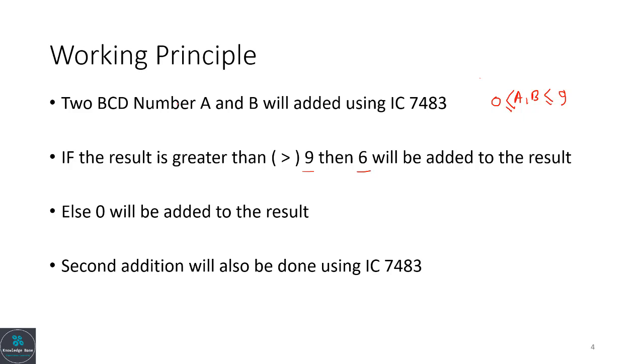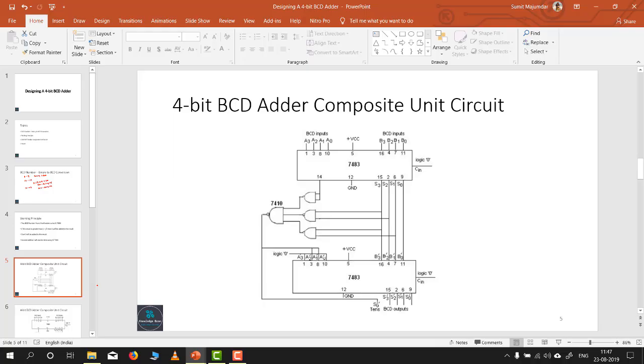Else, if the number is less than or equal to 9, then 0 will be added to the result of 7483. The second addition, that is the addition of 6, will be done using IC 7483, that is a 4-bit adder. So let us go to the circuit diagram and take each and every component.